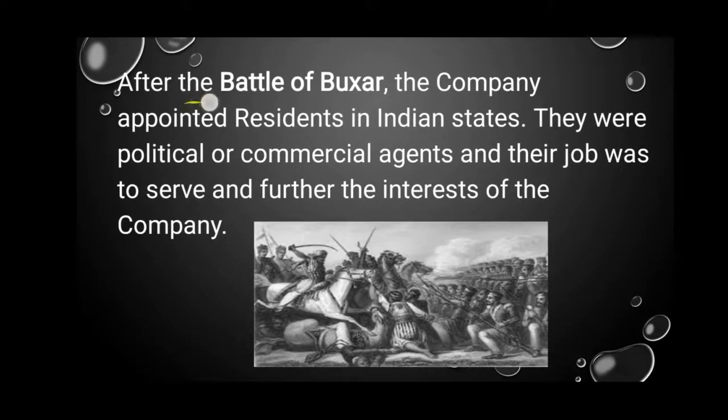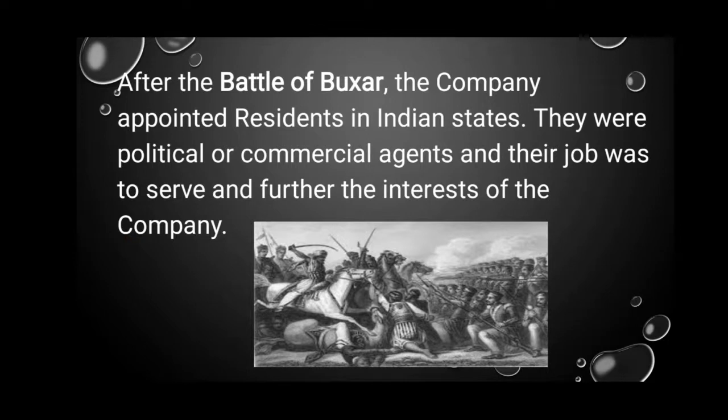Next, after the Battle of Buxar, which happened between the Nawab of Bengal, the ruler of Bengal, and the East India Company, the company started appointing residents in Indian states. They were political or commercial agents, and their job was to serve and further the interest of the company.